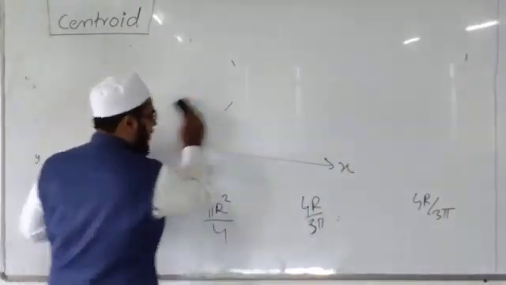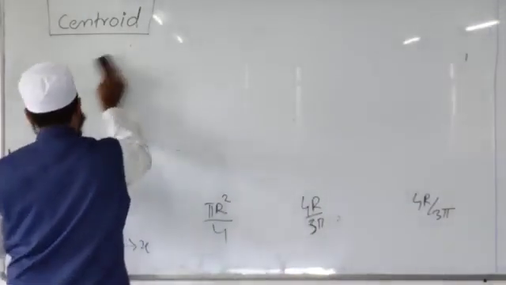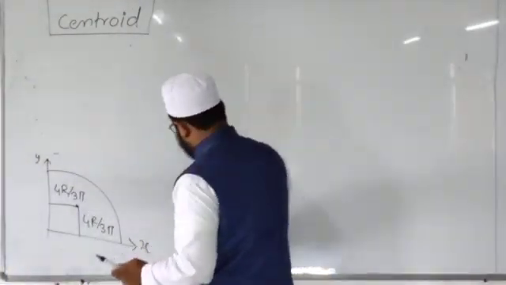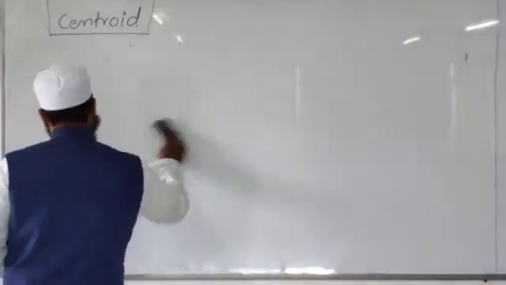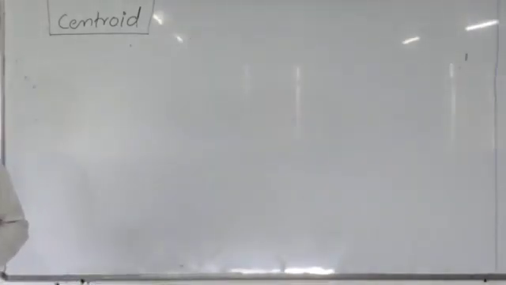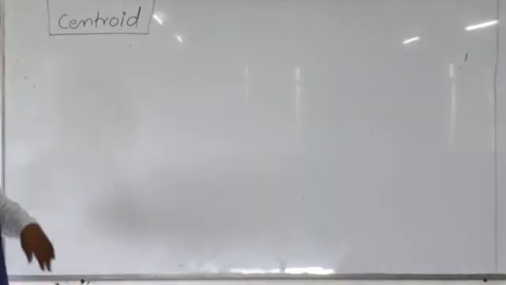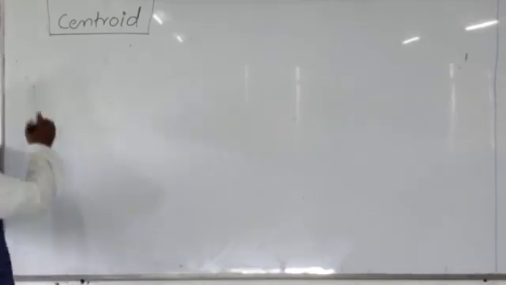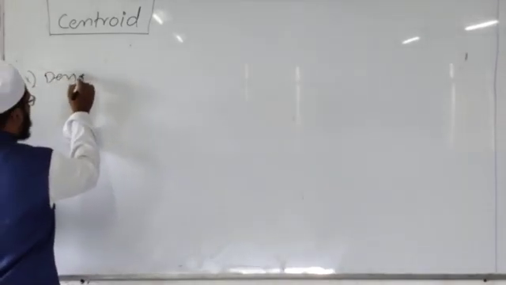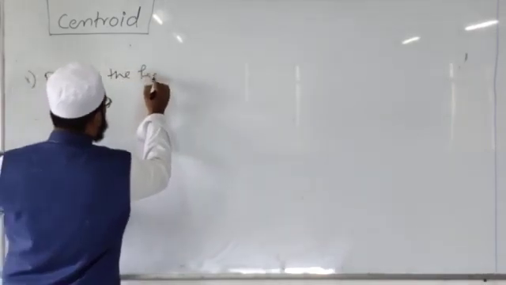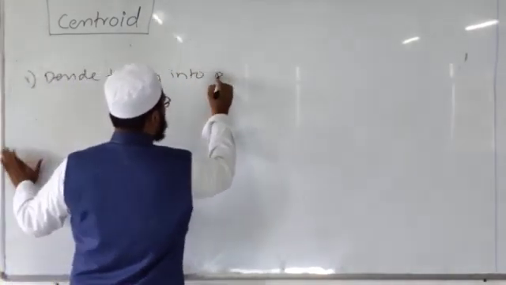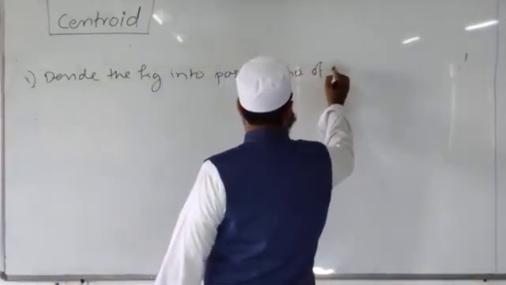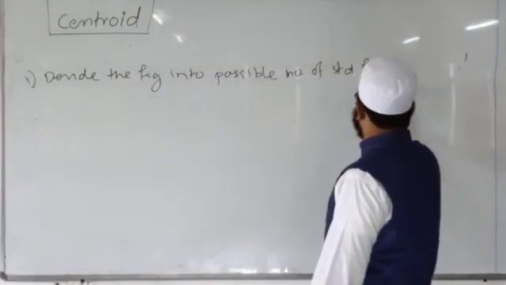But the question is, why are we finding this? Because in general the figure is of irregular shape. If an irregular shape figure is given and we have to determine the coordinates of the centroid, then the first step is to divide the figure into the possible number of standard figures.